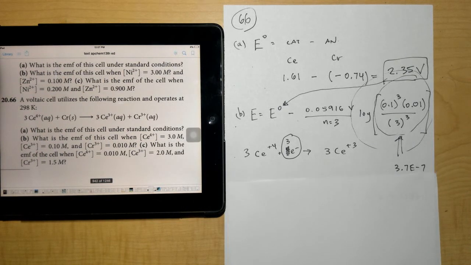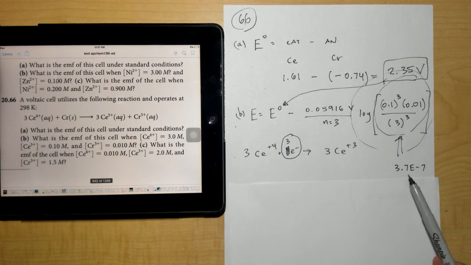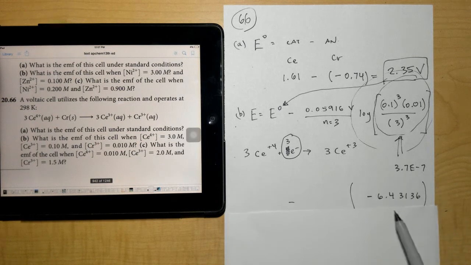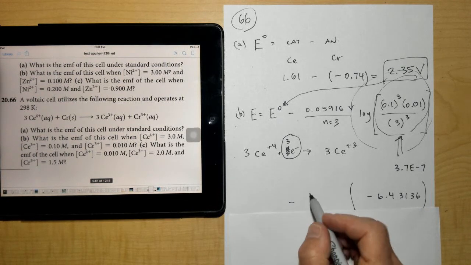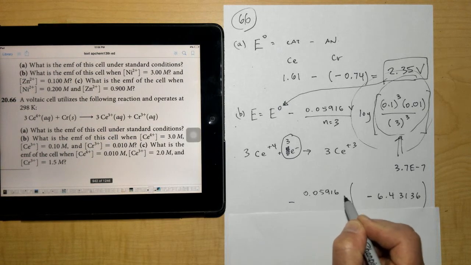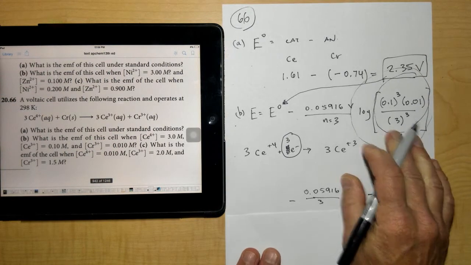So then I think I did this math right. I did this portion right here and got 3.7 times 10 to the -7th, logarithmed that, and I got -6.43136. And now I need to take that and multiply it by 0.05916, and then divide that by 3.